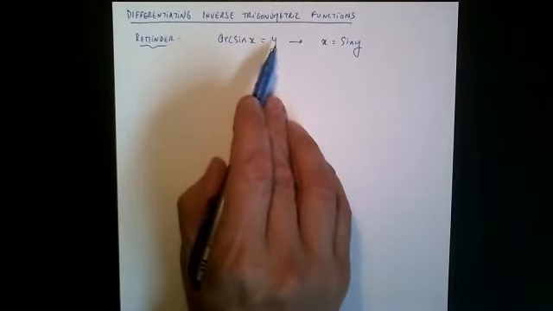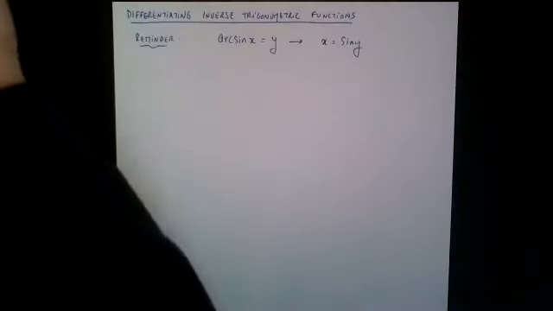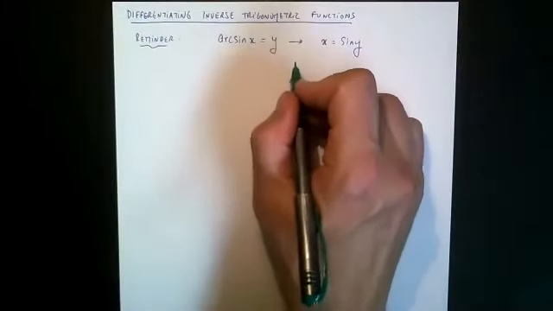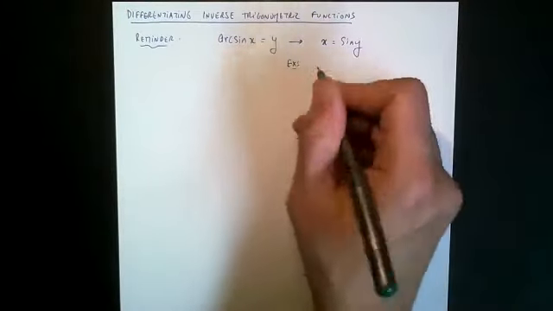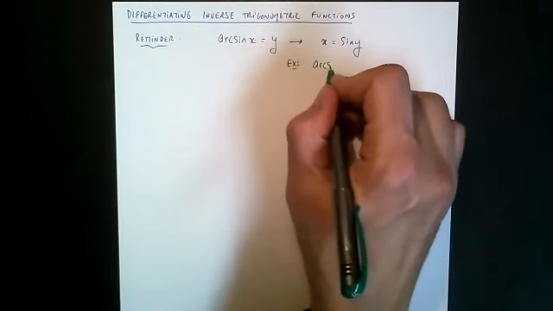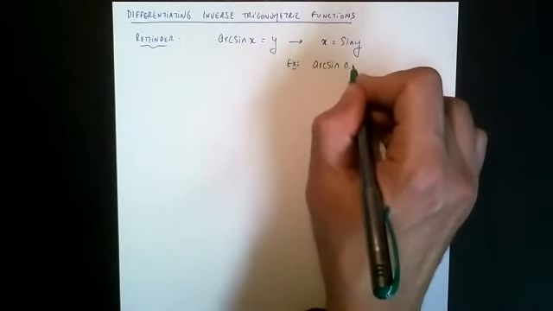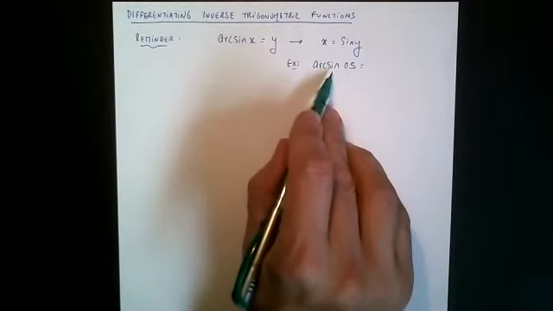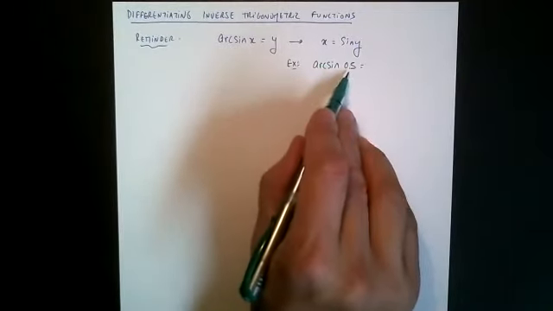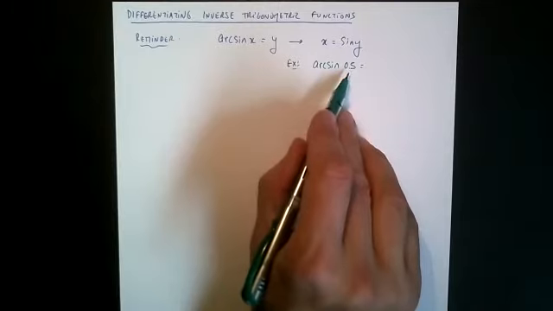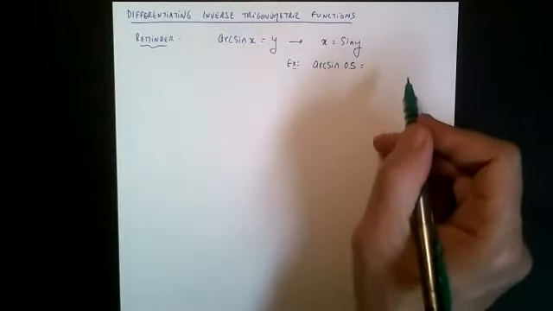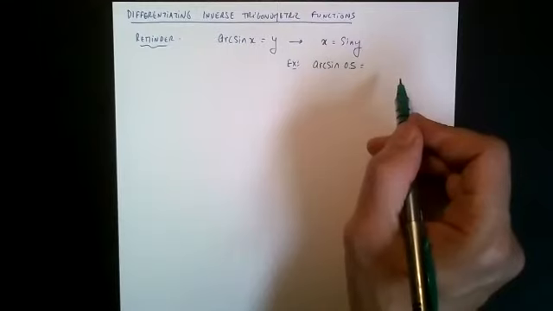Y is an angle. So for example, just for you to visualize with numbers, if I'm asking you for the arc sine of 0.5, you're asking yourself: the sine of which angle gives me 0.5? What is it? You know it? 45.